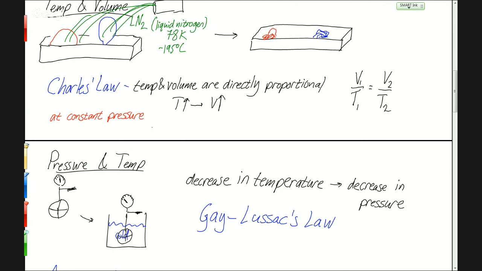You can have a constant pressure system, like a balloon that can change its shape, or you can have a constant volume system where it's fixed. So whichever two you're looking at, the other thing has to be constant.